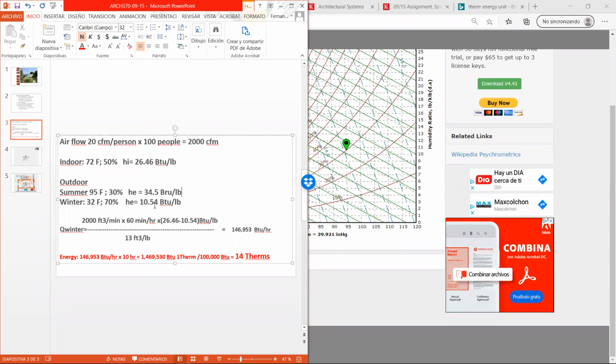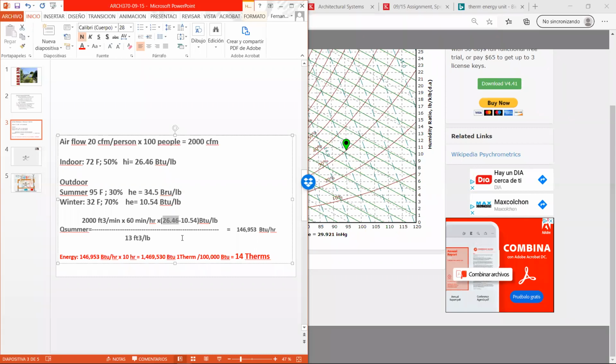And then we have to do this again. The airflow is the same, so it's 2000. Sorry, now this is summer. It's around 2000, times 60, because we have to turn minutes into hours. And here it's outdoor minus indoor.